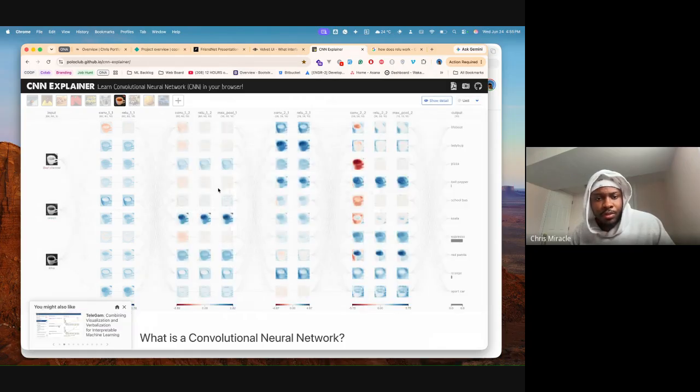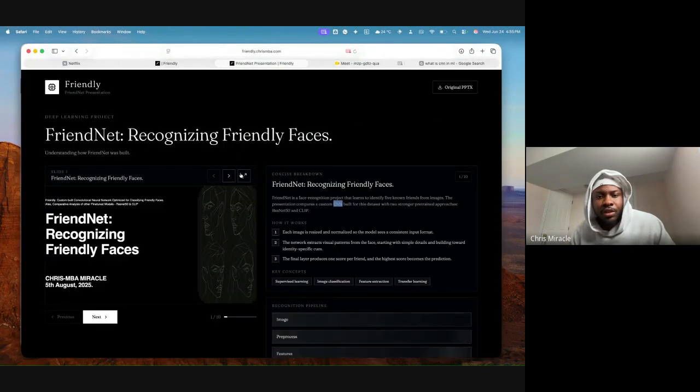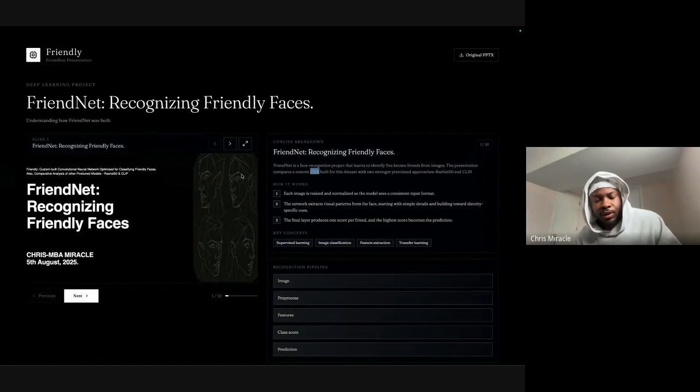For deep learning architecture, there are three parts to your network. There is the input layer where your inputs are sent in.